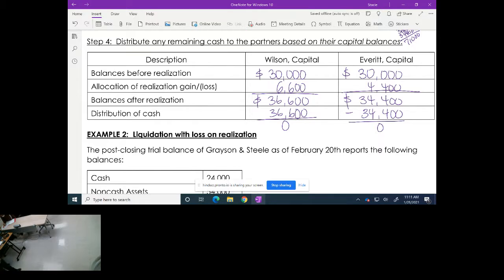If you can't remember how this works, the capital accounts should total up to the amount of the cash left, and we should pay them out based on their capital balance. If we use the income sharing ratio, these numbers would be different, what we distributed, and they'd still have balances in their capital. So we're trying to make it go away. That makes sense? Whatever's in their capital account, that's their investment, so they're getting their investment back.